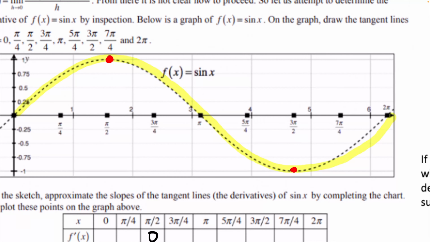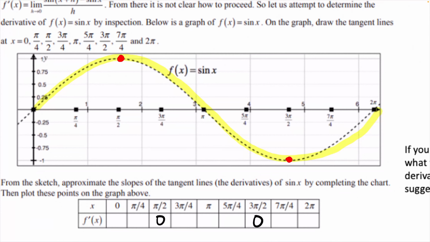Good. If I was to draw the tangent line here, it would look like that. So I also have a 0 for slope there. All right, because the table is f prime. So that's the only place I have 0, right?